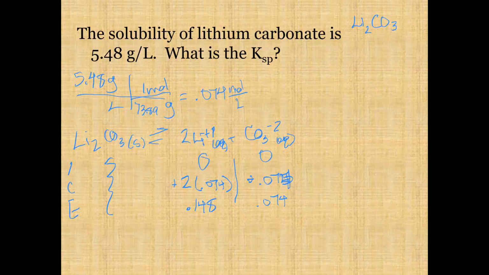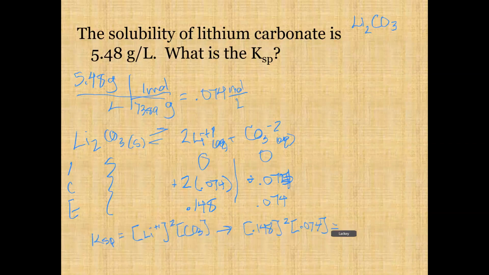So to find KSP, remember, it's going to be our products. So we're going to have the lithium squared times carbonate. When we plug that in, we have 0.148 squared times 0.074.